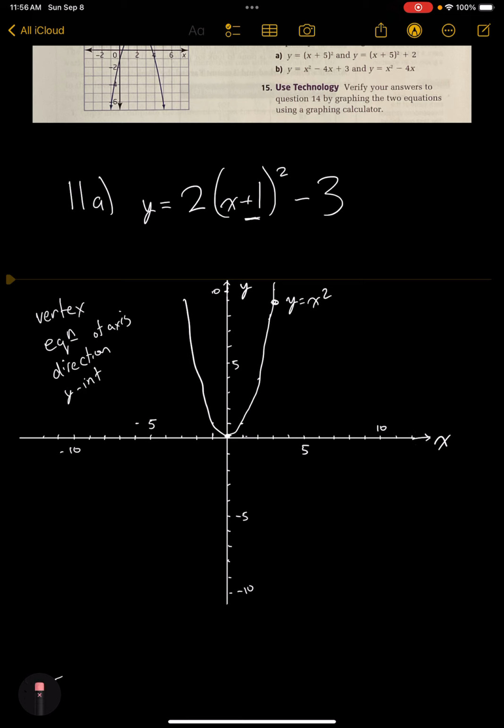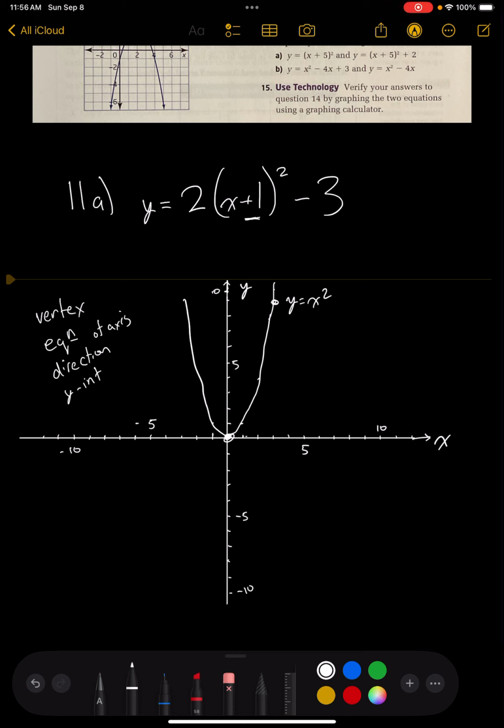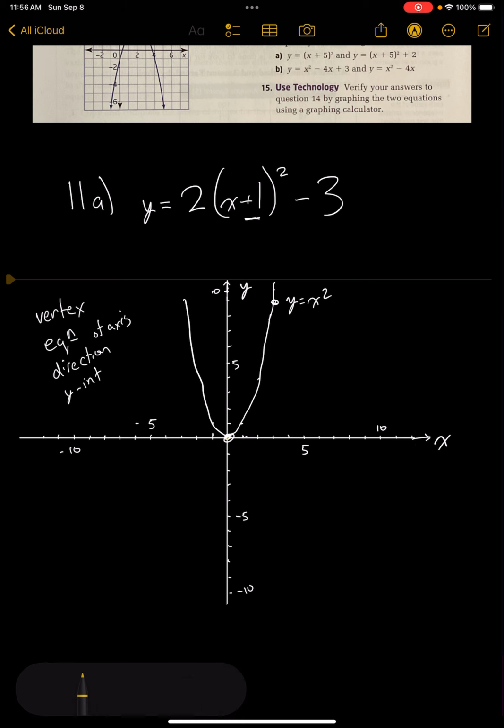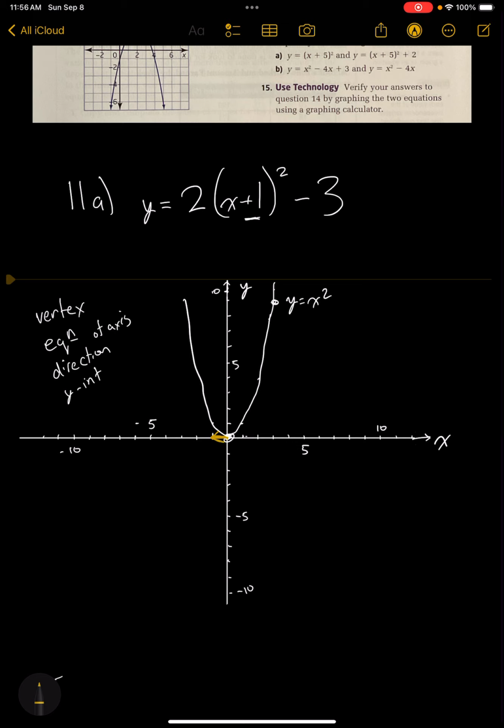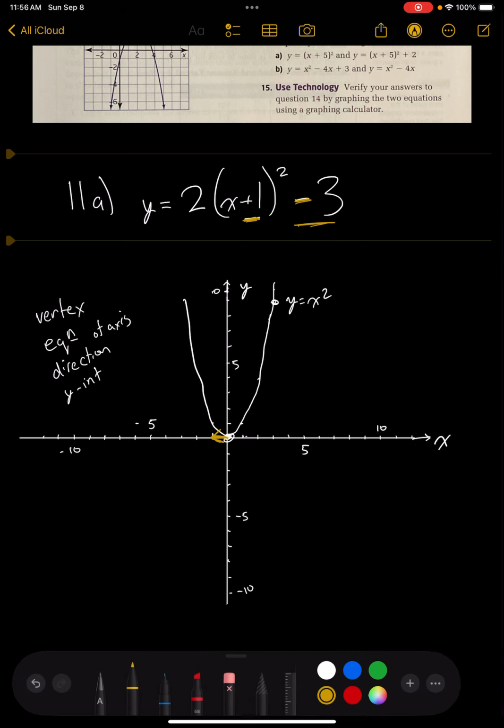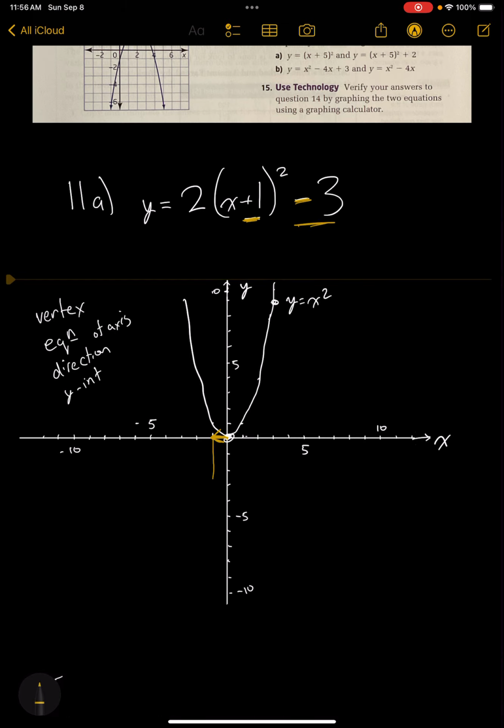Now, what this one does is it moves the vertex in the x direction to the negative side, even though it's positive. And this -3 moves it down. 1, 2, 3.